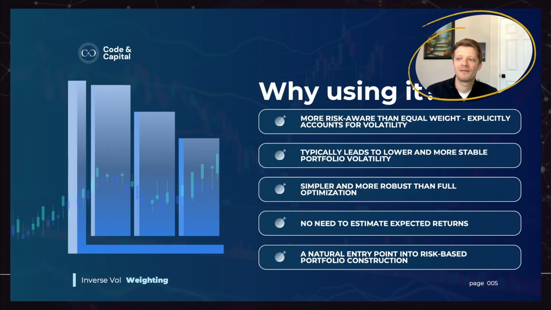One of its key advantages is that it avoids one of the hardest problems in finance, forecasting returns. Instead, it relies solely on volatility, which is easy enough and in general more stable to estimate. In practice, this often leads to portfolios with lower realized volatility and more stable behavior compared to naive equal weighting or cap weighting portfolios.